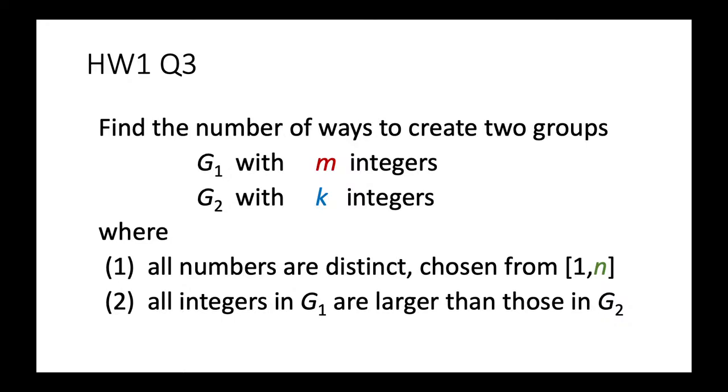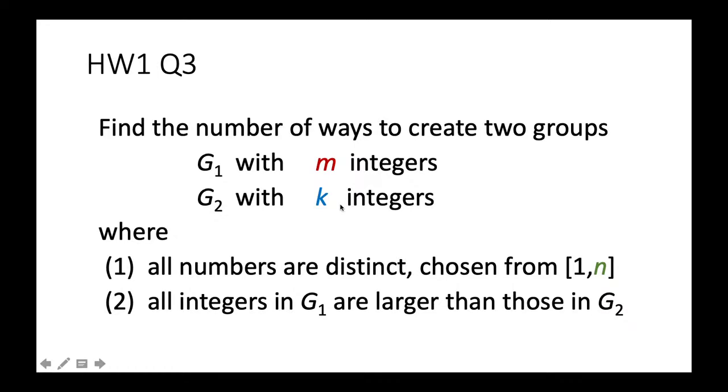Otherwise, it doesn't satisfy the second requirement that all integers in G1 are larger than those in G2. Is that okay? So any particular way of selecting m plus k integers corresponds to exactly one way of creating the groups G1 and G2.